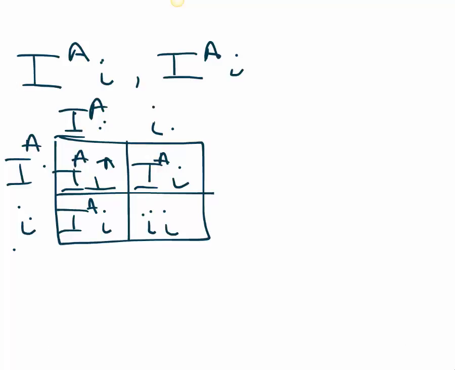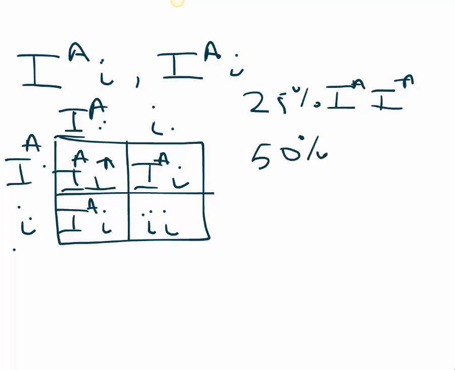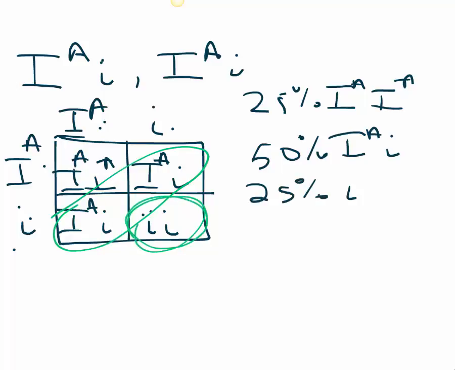So my genotypes then, I'm going to have 25% are going to be I^A I^A, 50% are going to be the heterozygous I^A little i, and 25% are going to be little i little i.